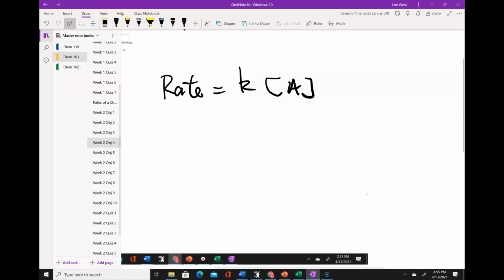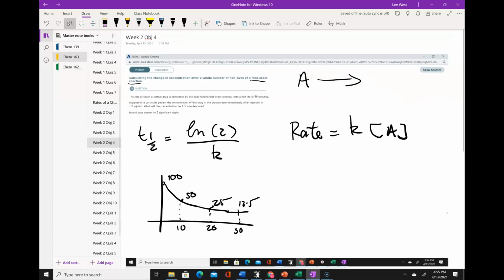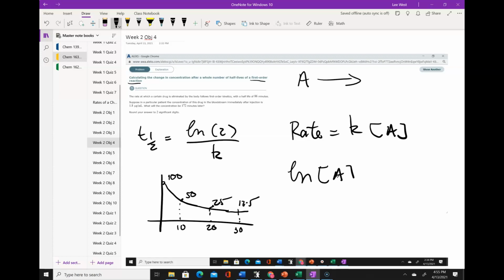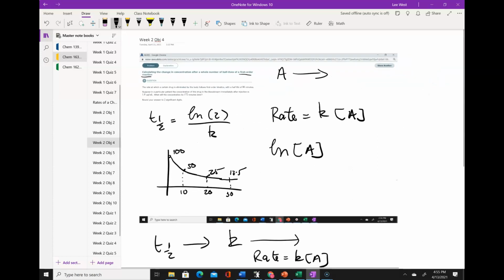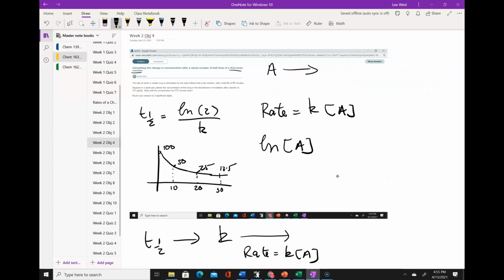Okay, so that's important. There's another thing about first order reactions that have only one reactant: we can use what we call the integrated rate law, and that says that the log of our concentration at some time t is equal to the log of our original concentration minus kt.